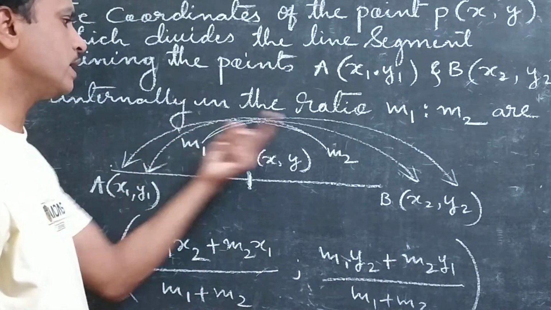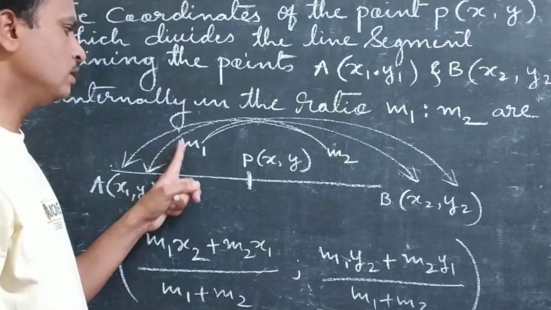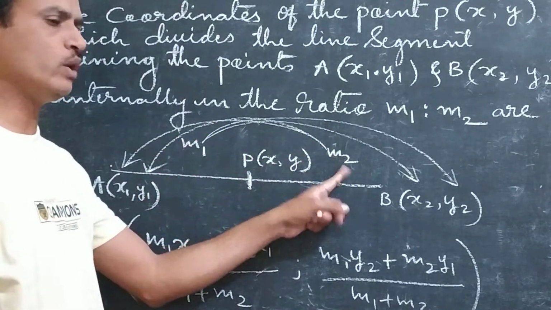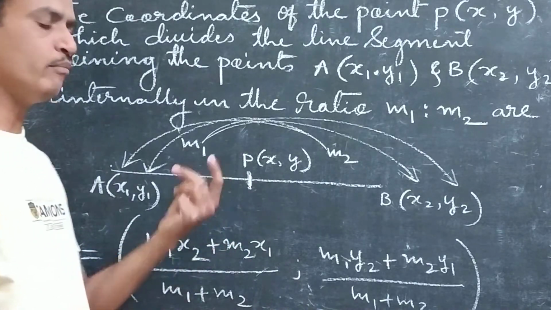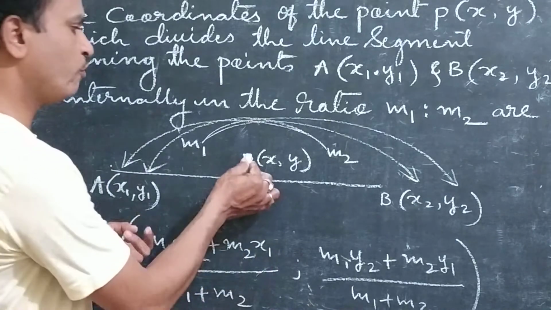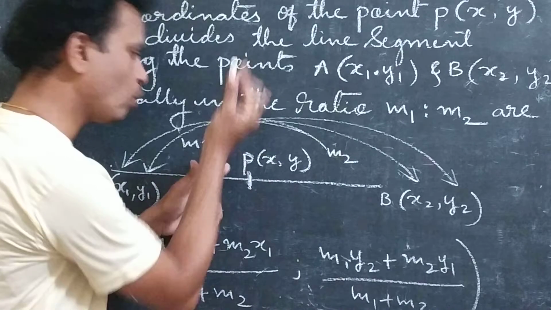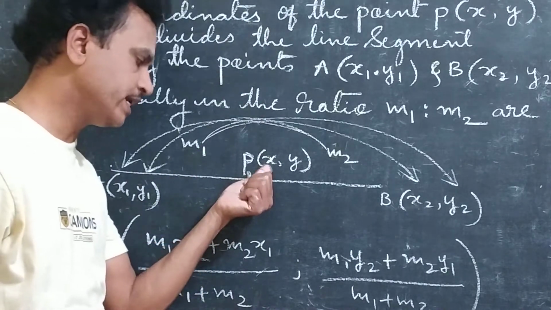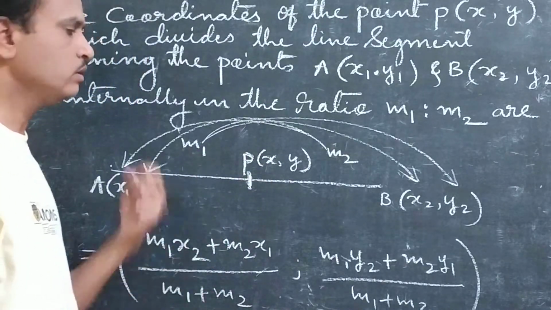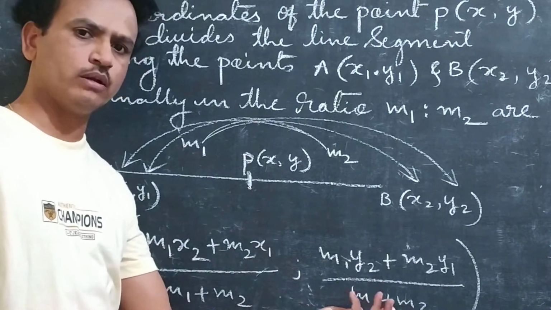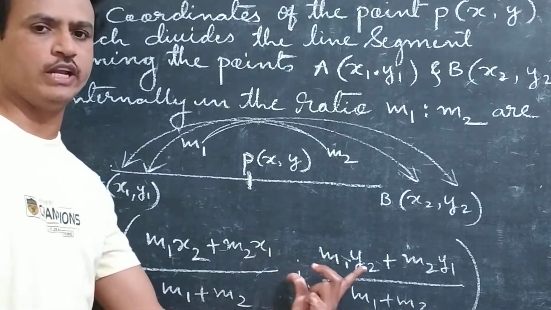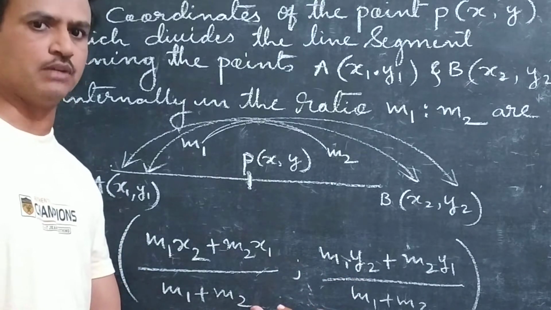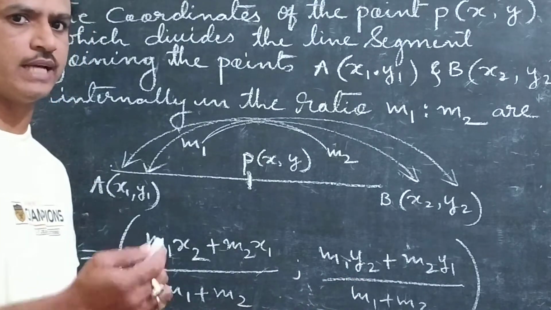If any numbers are given in a question, suppose m1 is 2 and m2 is 3, then we have to substitute m1 as 2 and m2 as 3. To find the point P coordinates, this one gives the x coordinate and this one gives the y coordinate. That means to find point P coordinates we have to use this section formula. Now we'll see the exercise.